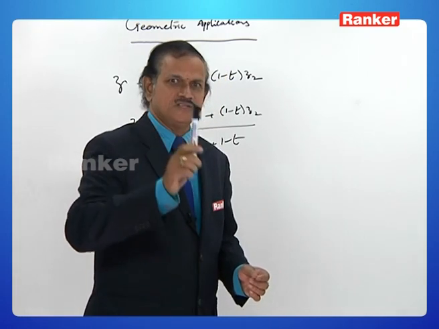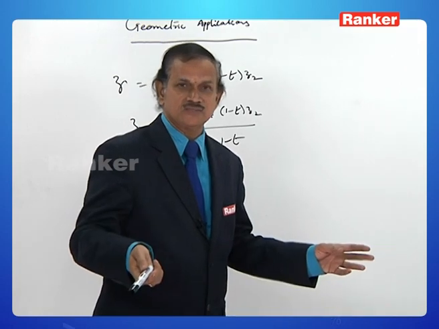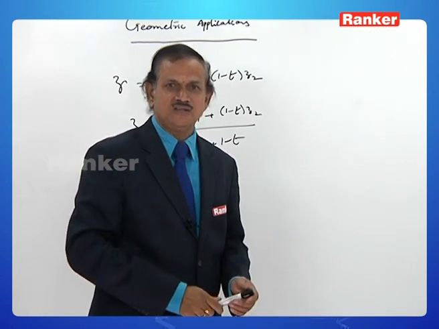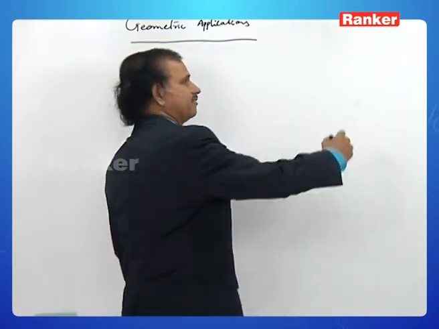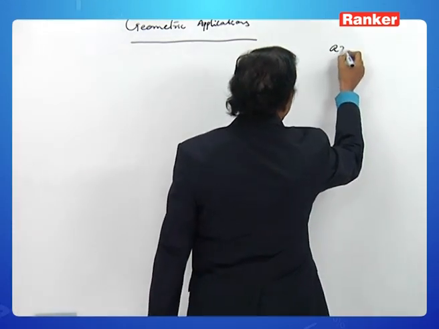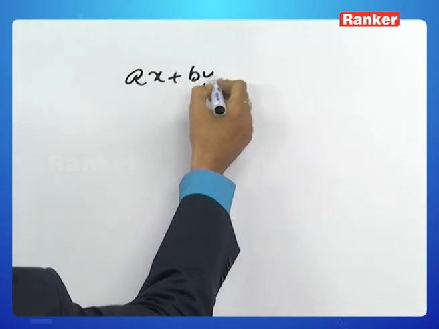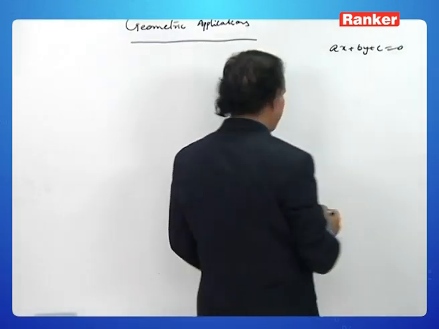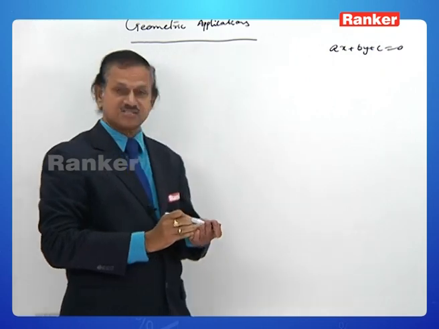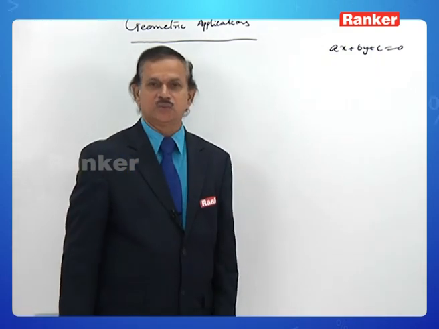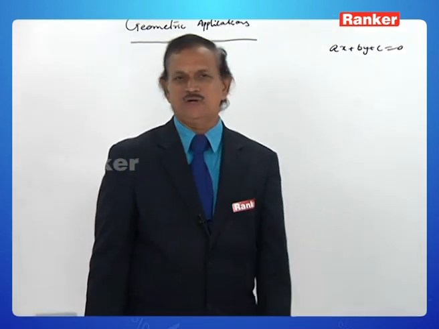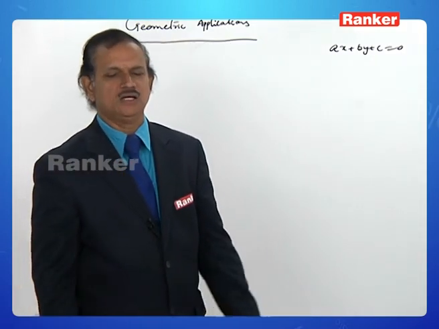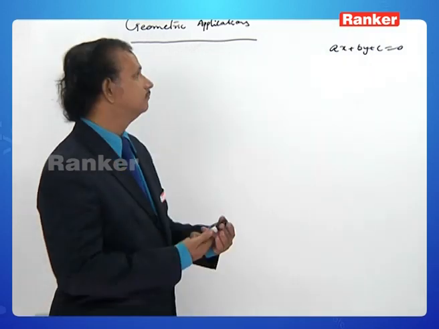How does it become nowadays in complex numbers? It is quite interesting. Let us recall that the standard equation of a straight line in coordinate geometry within two dimensions is ax plus by plus c is equal to 0. Keeping that in our mind, we are supposed to design an equation in the complex number system of the straight line joining the 2 points, in general, right?